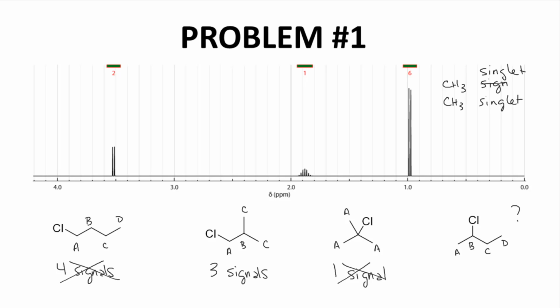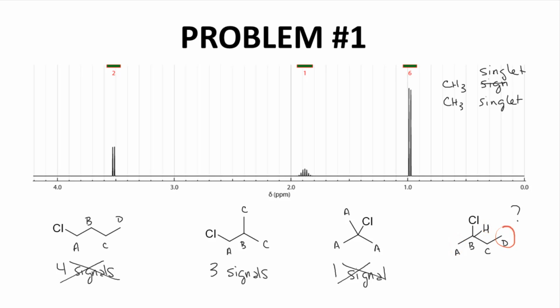So, you know, this could be 2 separate methyl groups. But they would need to be both singlets, meaning they have no neighbors. Well, that doesn't fit this compound because methyl group A has a neighbor. So methyl group A would be a doublet.